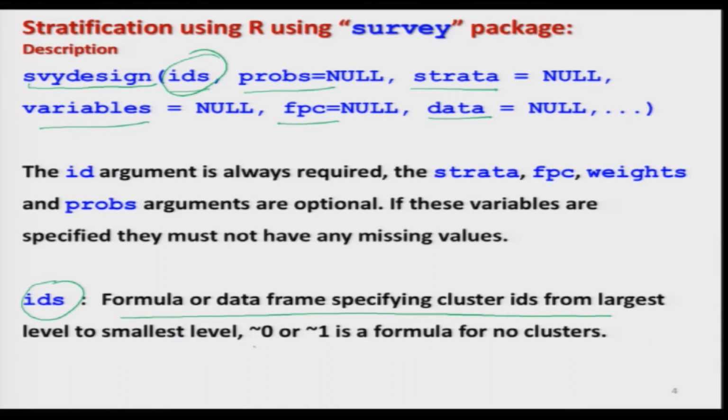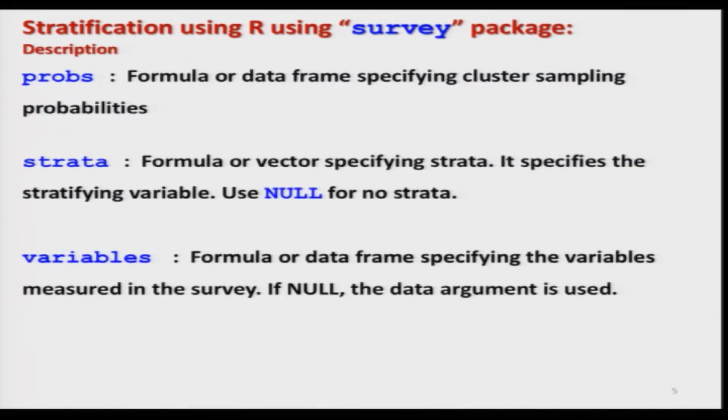And if you use here 0 or 1, this is a formula for no clusters. And there is an option here, probs. This is a formula or a data frame which specifies the cluster sampling probabilities, but we have not considered the cluster sampling here, so I am not going into the details.